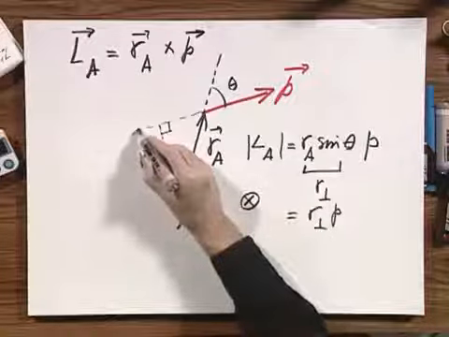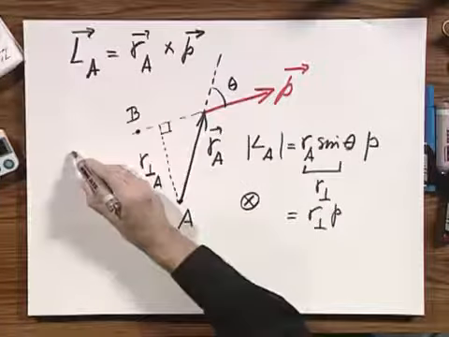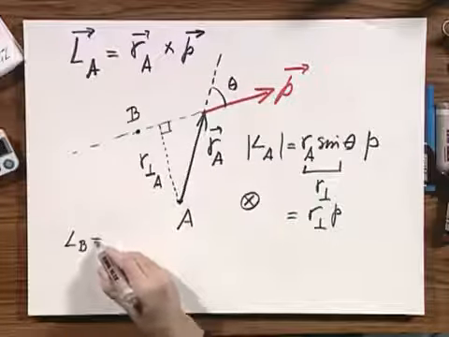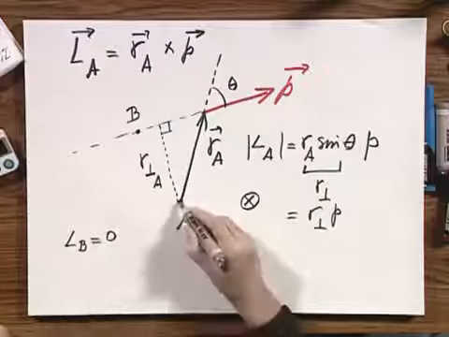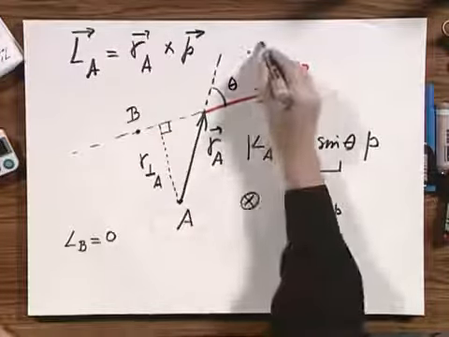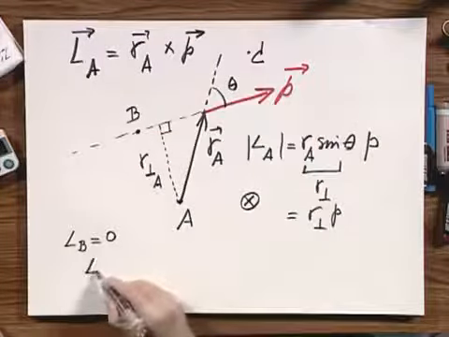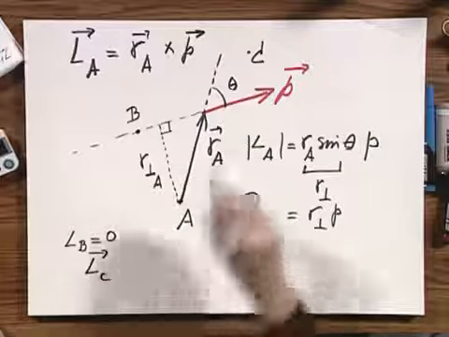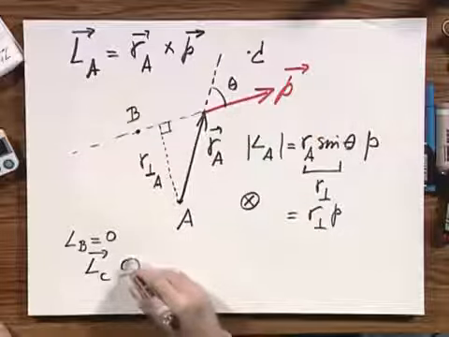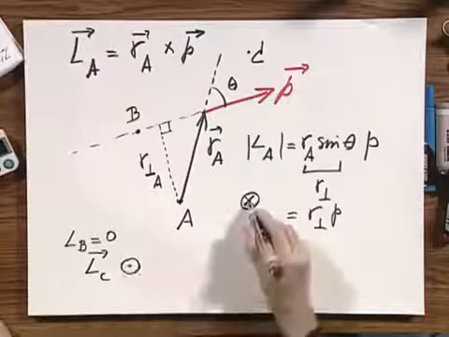If I had chosen point B anywhere along this line, then L of B would be 0. Already you see L of A is not the same as L of B. Had I chosen a point C here, then the direction of the vector L, the angular momentum relative to point C, would have this direction and not this direction.